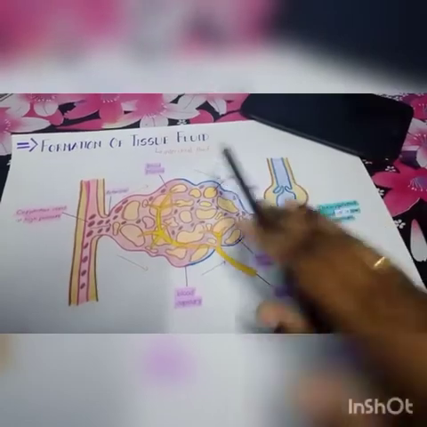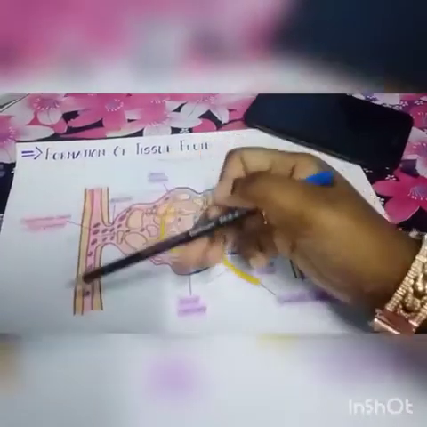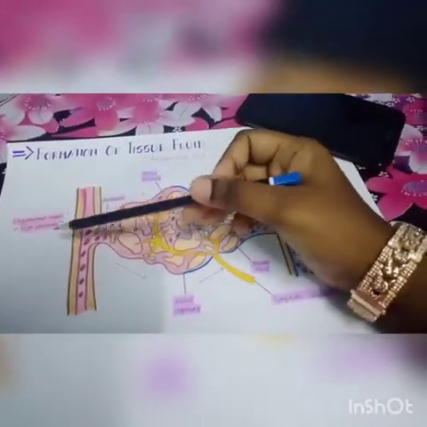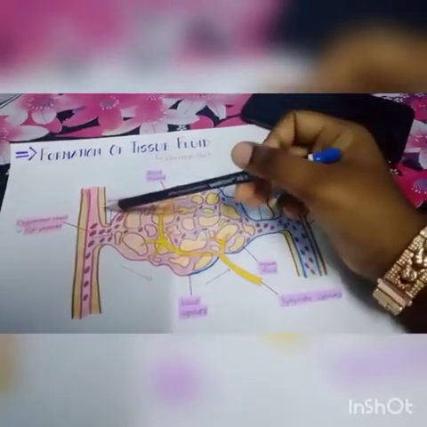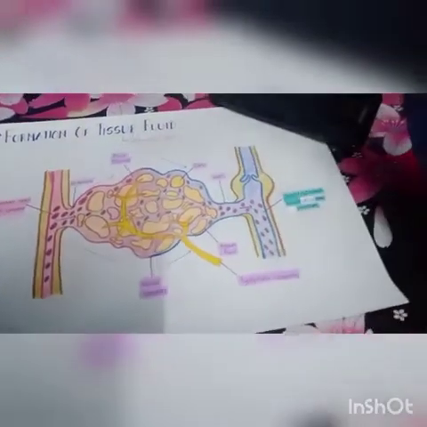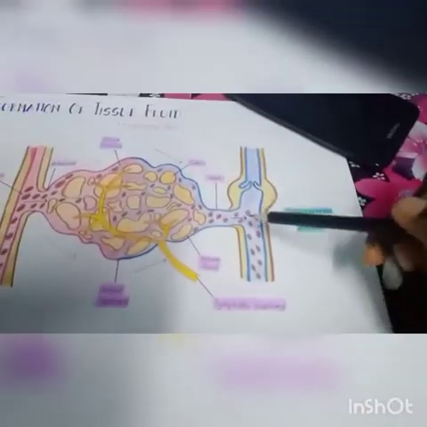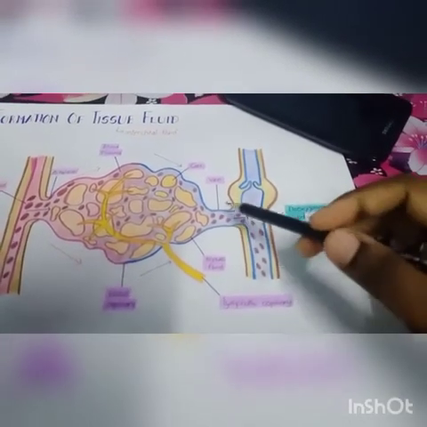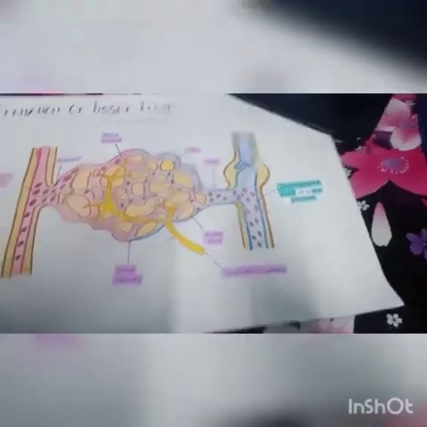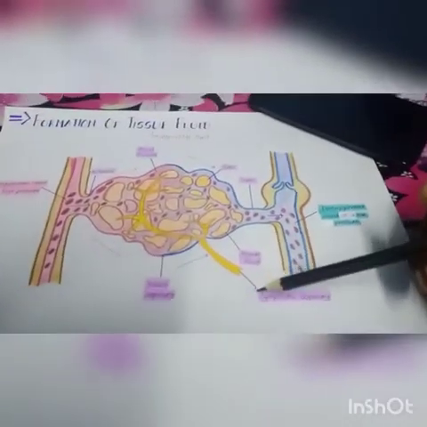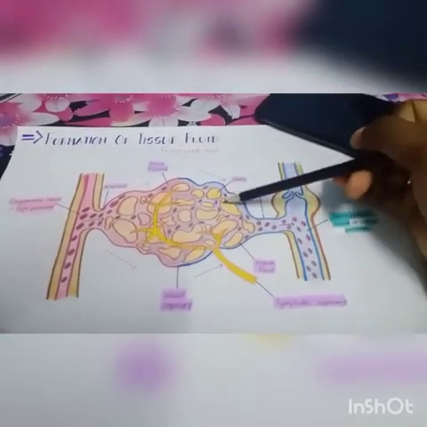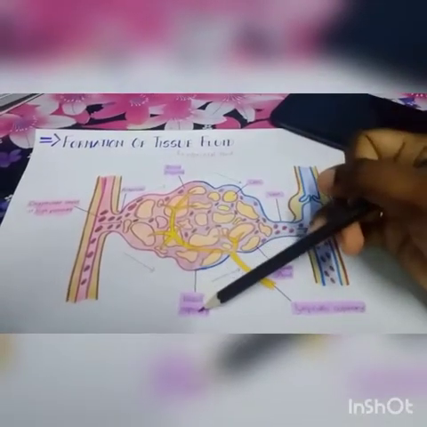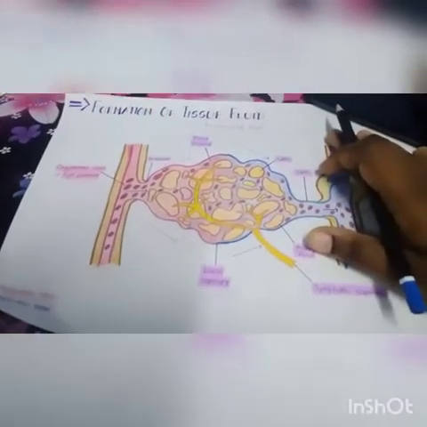As you guys see, the left hand side of the paper shows the oxygenated blood at high pressure in the artery, and the right hand side shows the deoxygenated blood at a low pressure in our vein. The others are the lymphatic capillary, tissue fluid, body cells, blood plasma, blood capillary, and so on.